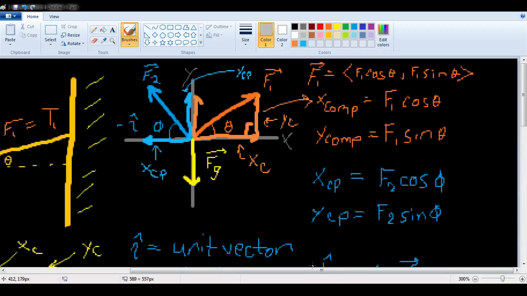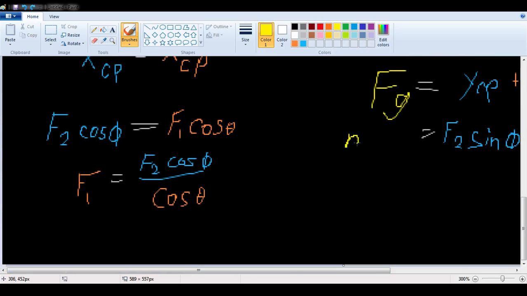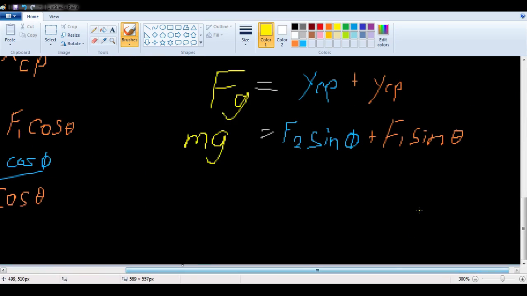So if we come back up here to F equals ma, we'll find that this is the mass of the object times the acceleration of gravity.